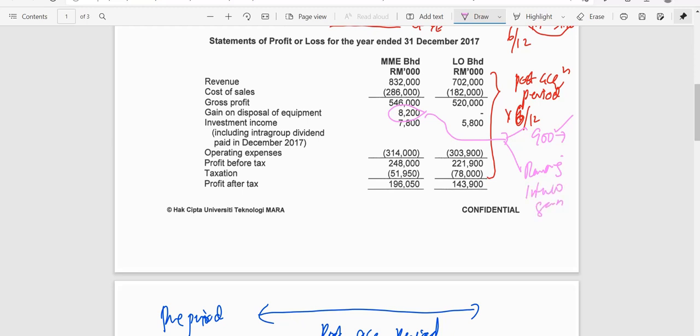So the intercompany gain must be removed. If you do that, it was 8.2 million minus 0.9.